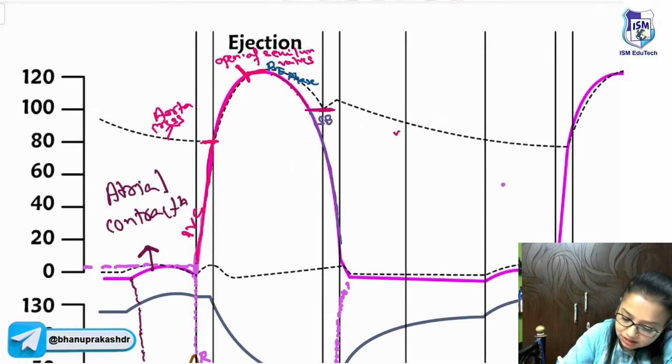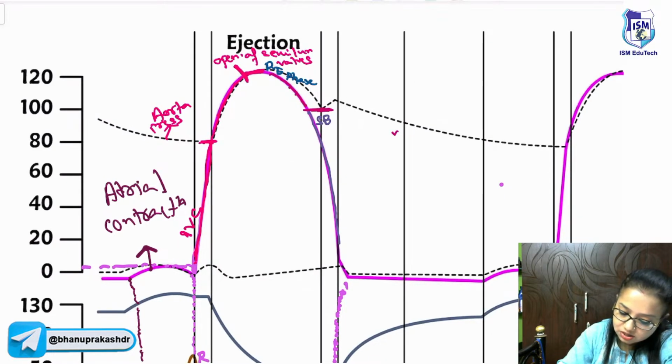So the slow ejection is happening and there is still pumping of blood via the aorta in a very, very small quantity, and the pressure in the ventricle decreases. This decrease in the pressure in the ventricle is called the isovolumetric relaxation.